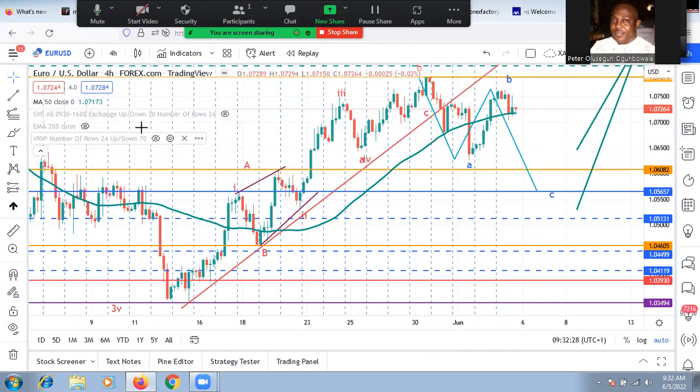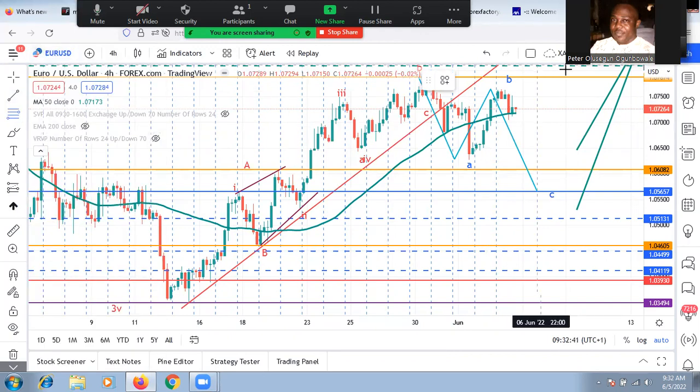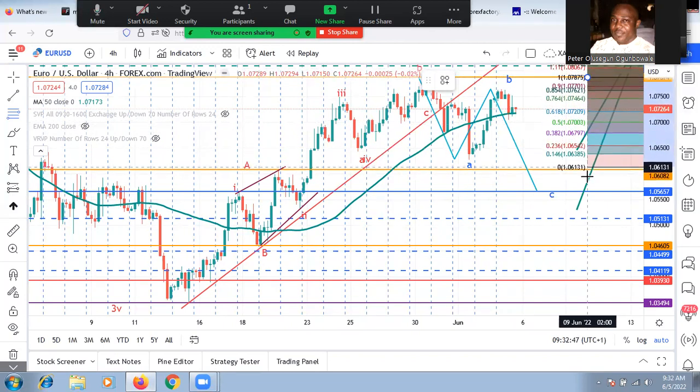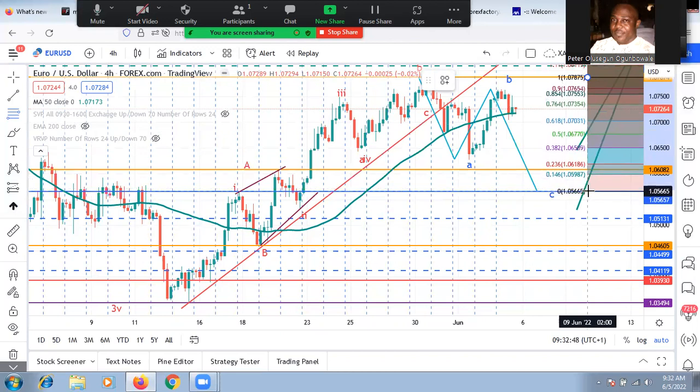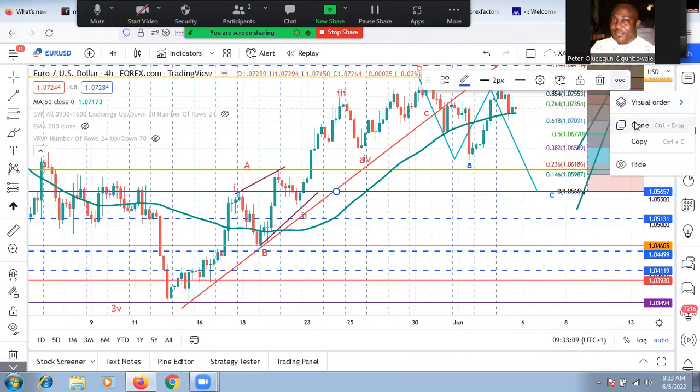If X leg wants to go up, I will expect the X leg to take itself from the beginning here to this point here for my X. And we know X can be 50, 51, 76, or 85, and no more than that. So if this one should come down here, then I would expect my X not to go beyond this area.